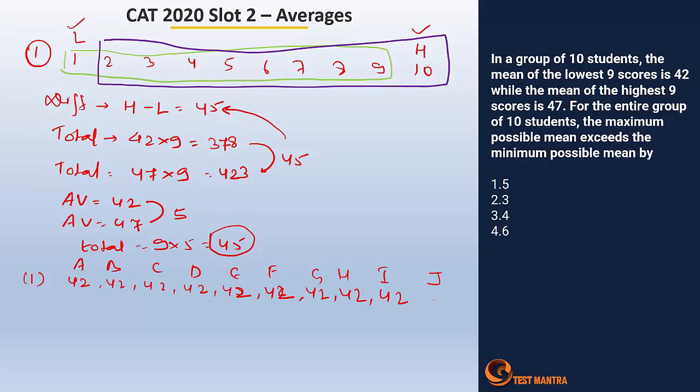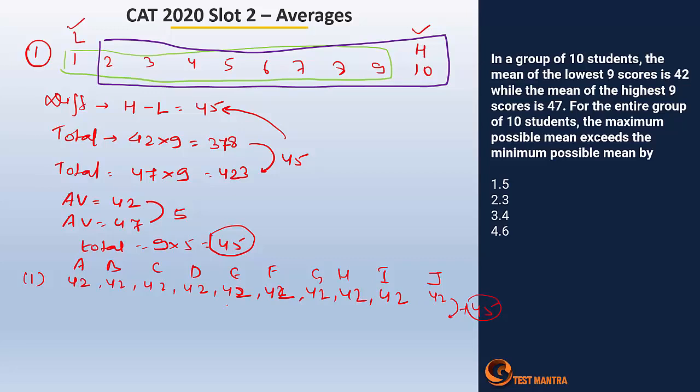Now G score, suppose if G score is 42, that means the average will be 42, but the score is how much? 45 more than this figure, right? So also we can say J's score will be nothing but, in this scenario, 42 plus 45. So now what I'll do, I'll distribute this 45 in 10 equal parts, right?